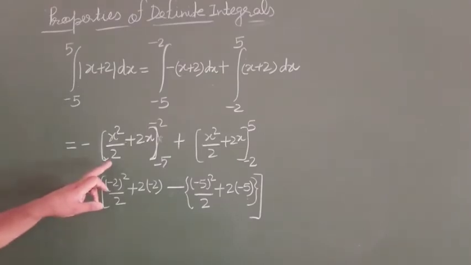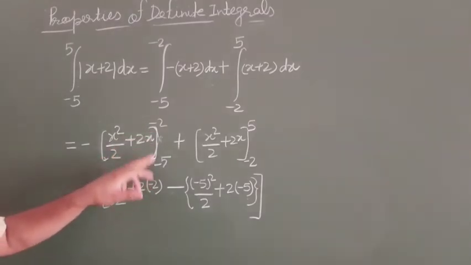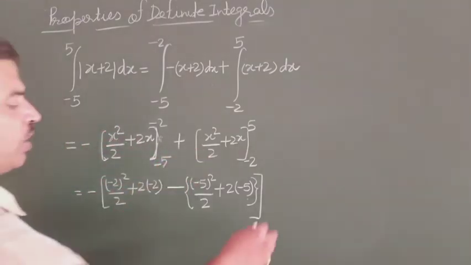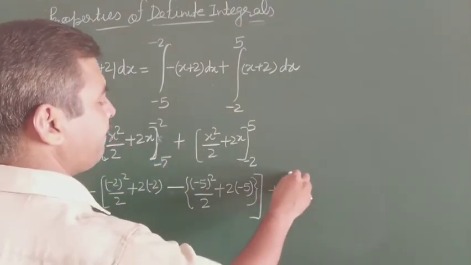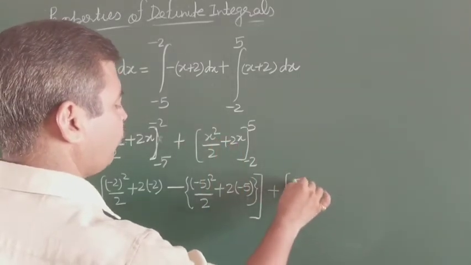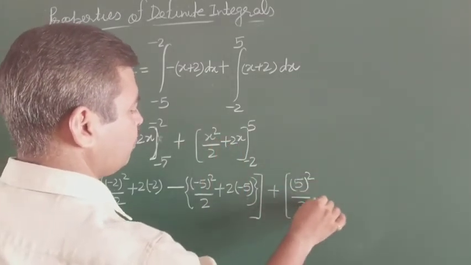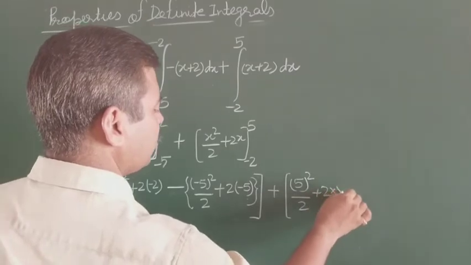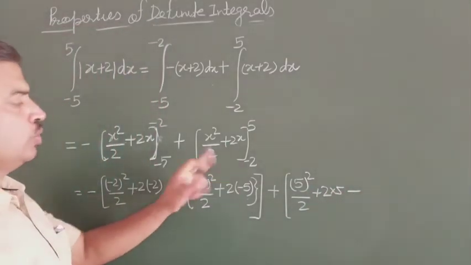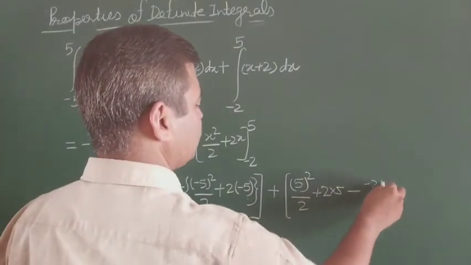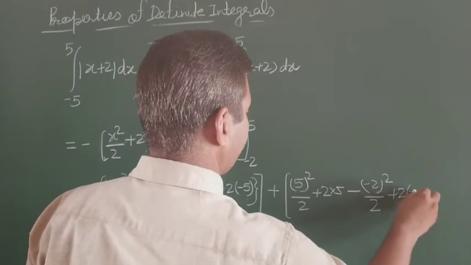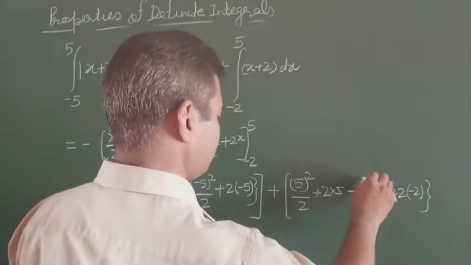So we have to put here the upper limit and lower limit both in this part. Now in this part we have to put the same. First put upper limit 5: 5 square upon 2 plus 2 into 5, minus, now we have to put lower limit minus 2. So minus 2 square upon 2 plus 2 into minus 2.